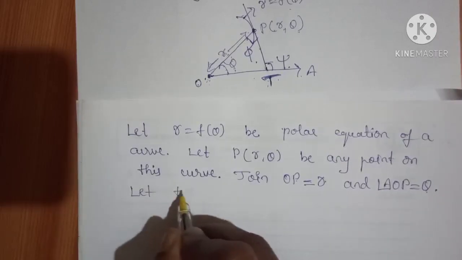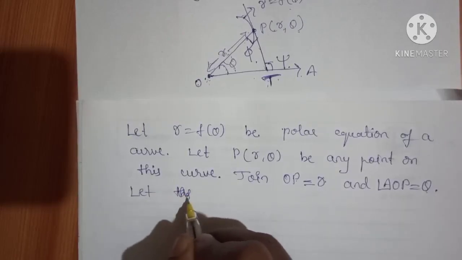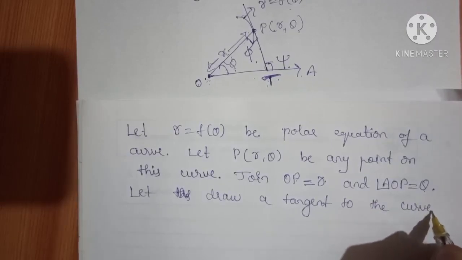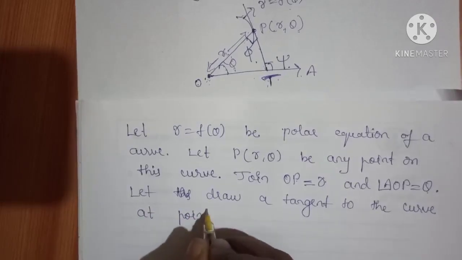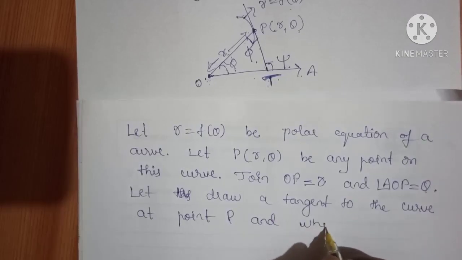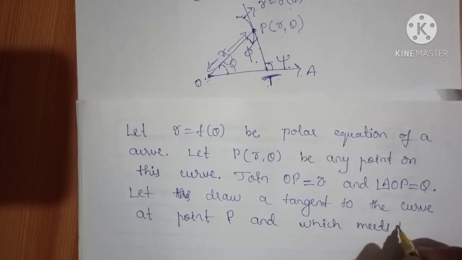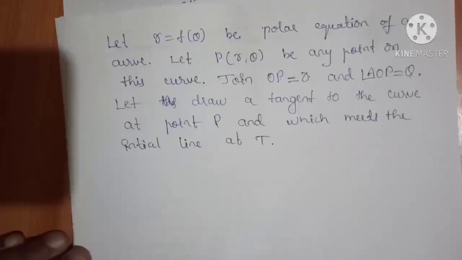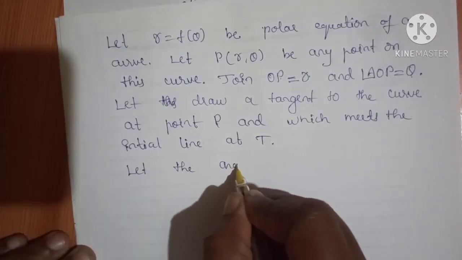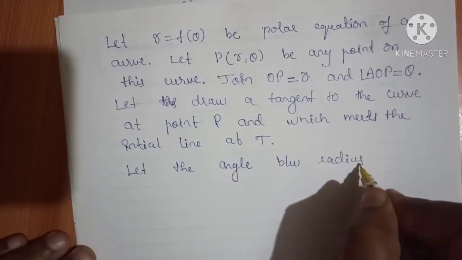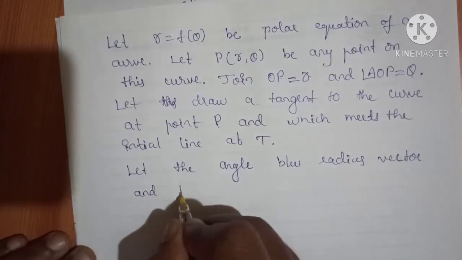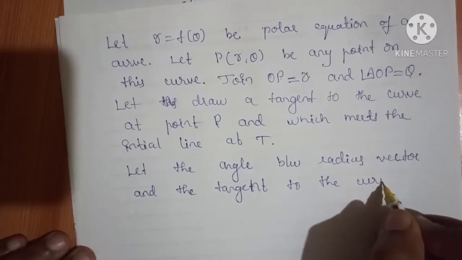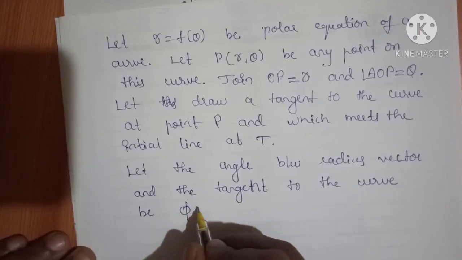Next, let us draw a tangent to the curve at point P, which meets the initial line at T. Now let the angle between the radius vector and the tangent to the curve be phi. Now we have to find this phi value only.